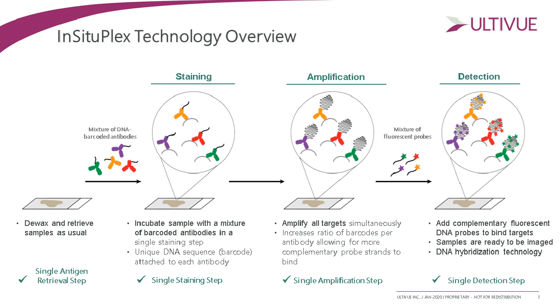So after the one single retrieval step, we perform a single staining step where we apply all the antibodies at once. And this, of course, reduces the staining time because you do not have sequential staining of each of the primary antibodies you use, and eliminates the need for secondary antibodies. It also gives unlimited capacity to colocalize markers on the same subcellular compartment.